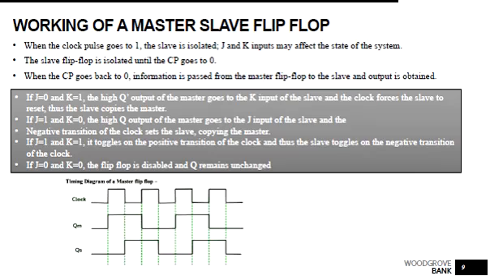The output from the master flip-flop is only seen by the gated slave flip-flop when the clock input goes low to logic 0. So the toggling will happen only once in a clock pulse.